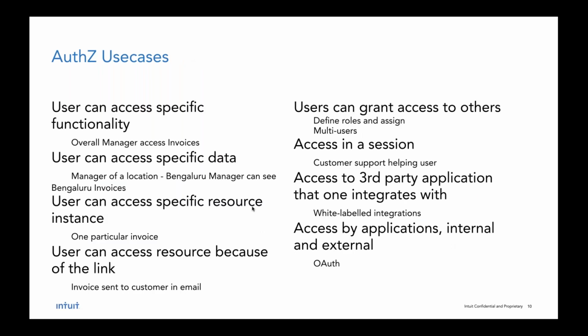When you first build this application, you provide access to specific functionality. You say, okay, the sales manager can access invoices functionality, which is the whole set of functionality, including all invoices for all people, and any operation on an invoice.